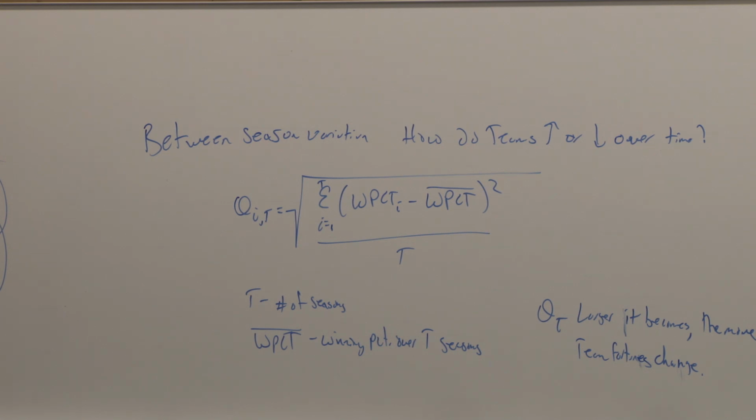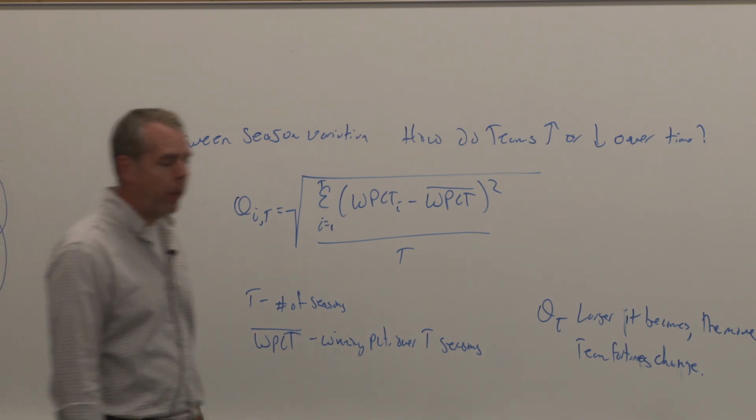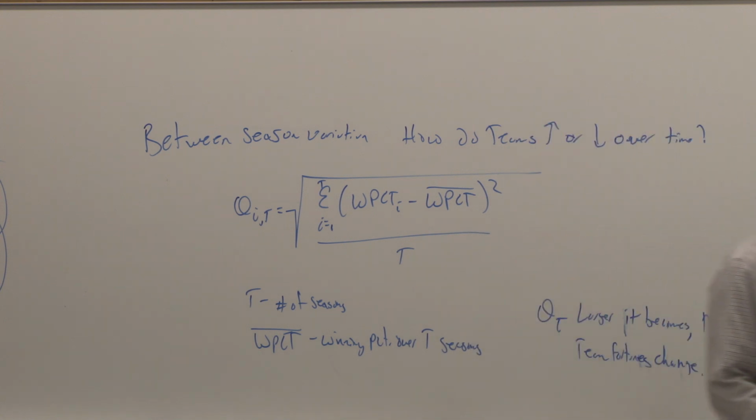So we saw that with the within season variation, if that was really, really large, there was a big differential. One team's at 0.8, one team's at 0.2. This one, though, what do you want it to be, large or small?